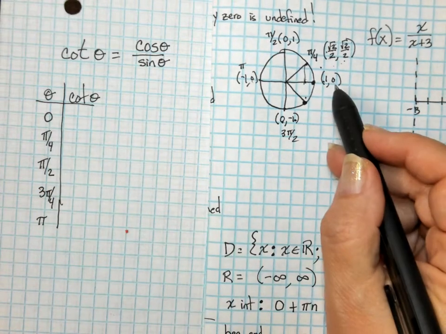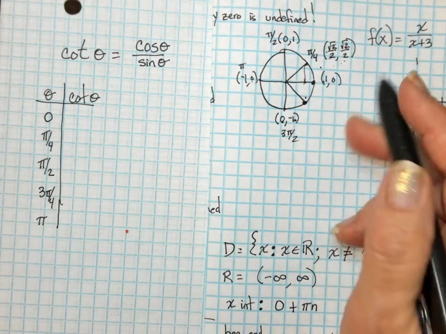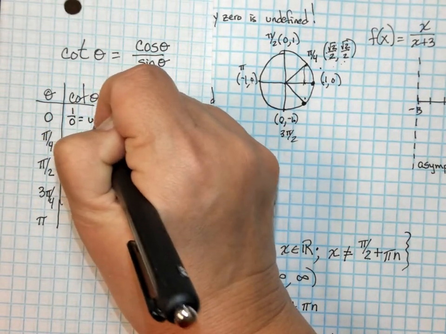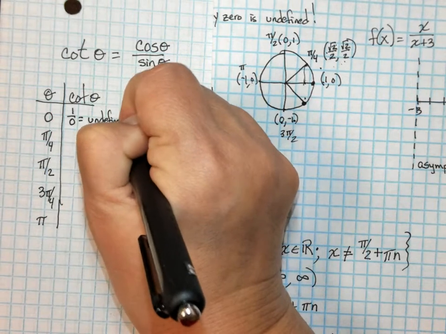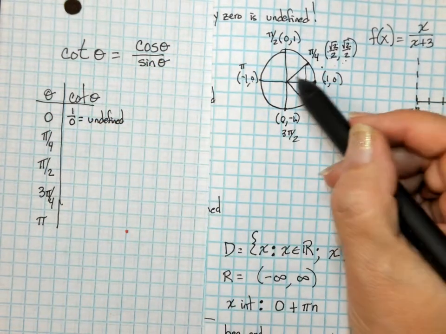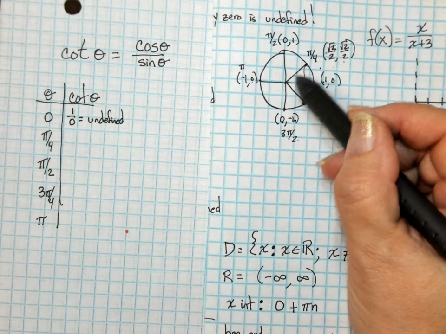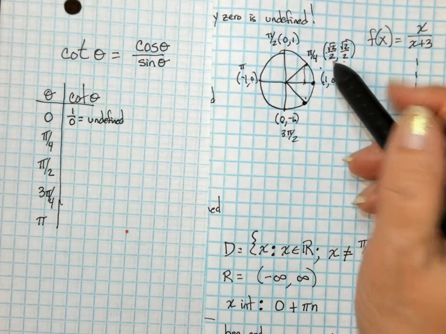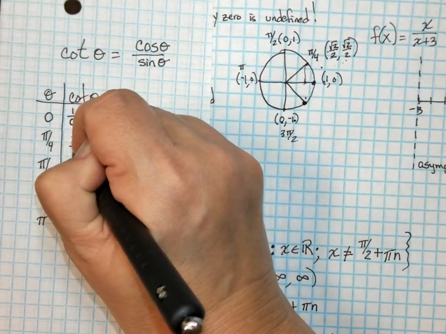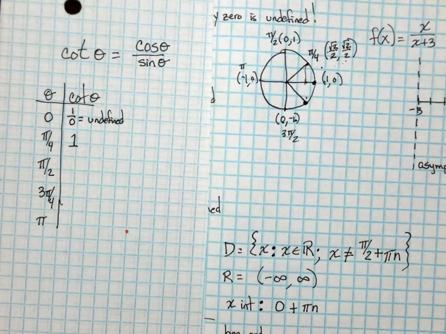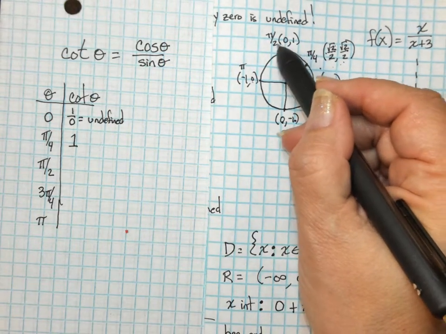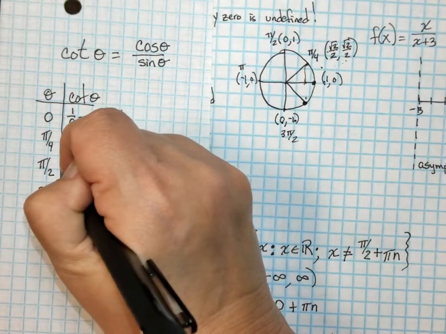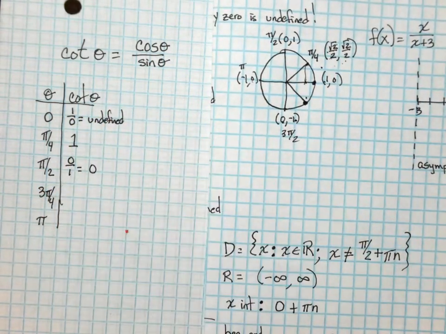So, cotangent of 0, cosine over sine, 1 over 0 is undefined. Here at pi over 4, cosine and sine are the same value, so when we divide them, that's 1. At pi over 2, if I put cosine over sine, that's 0 over 1, which is 0.